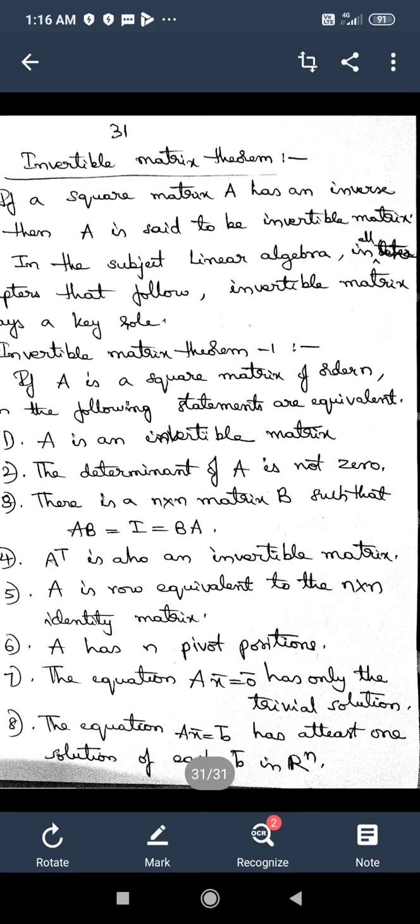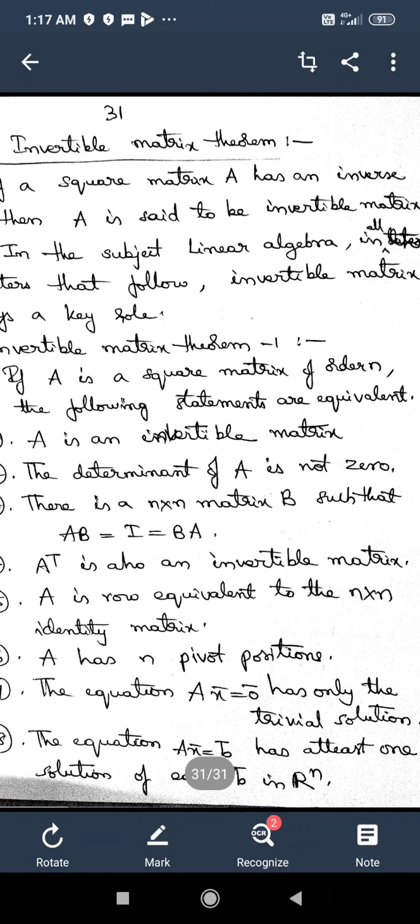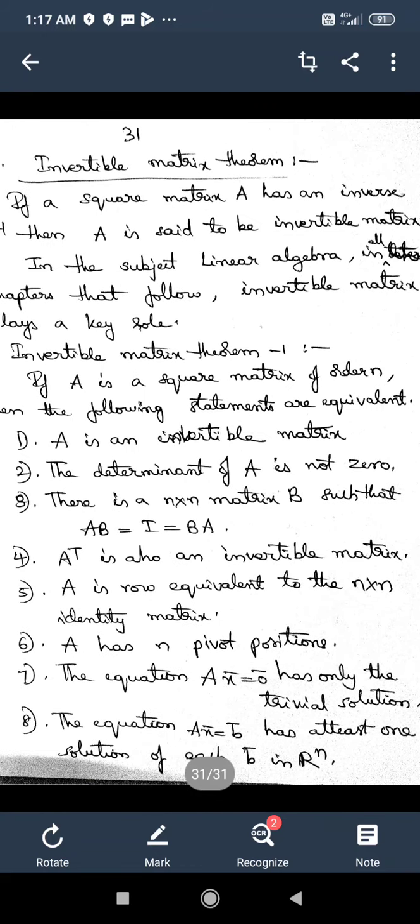The fourth statement gives that A power T, which we call A transpose, is also an invertible matrix. The fifth one states that A is row equivalent to the n by n identity matrix.